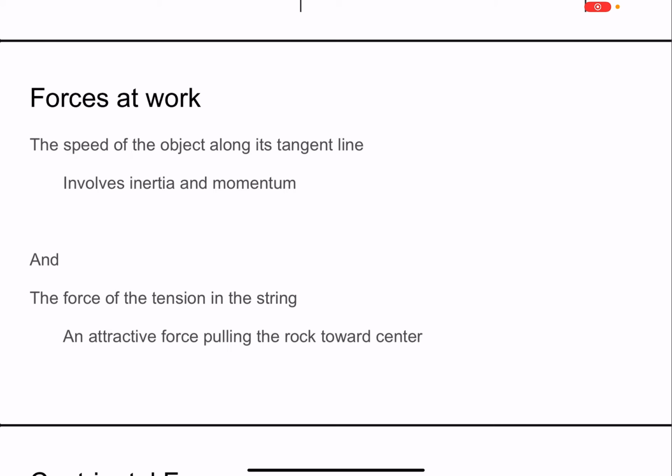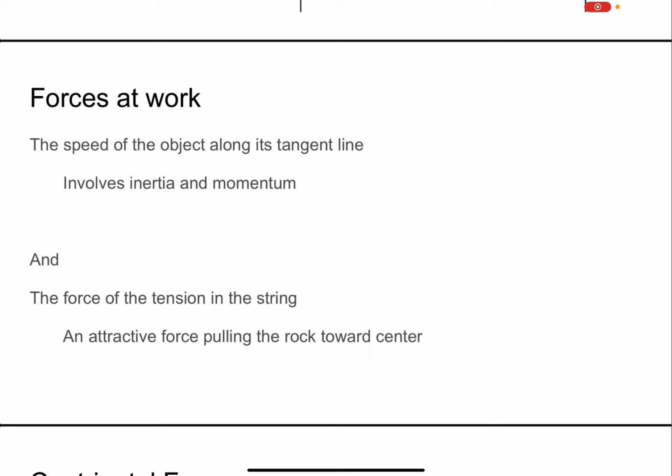Forces at work. When things are rotating, there are some forces at work, and the speed of the object along that tangent line involves inertia and momentum. If it has more mass, it has more momentum and more inertia, and wants to continue in that tangent line. Then there's the force of tension on the string.